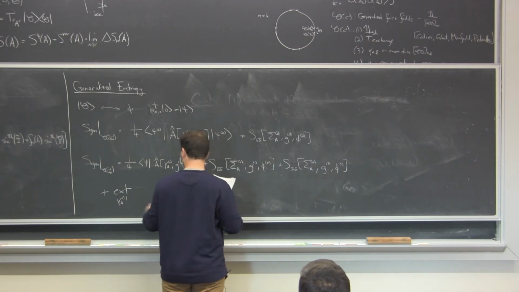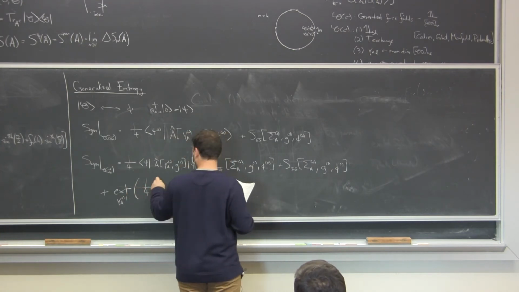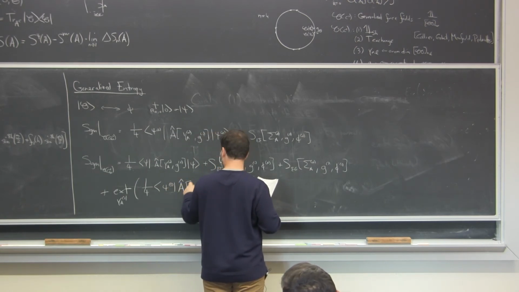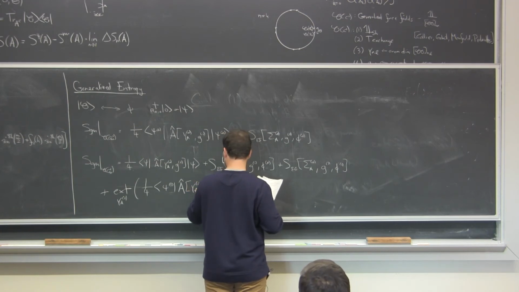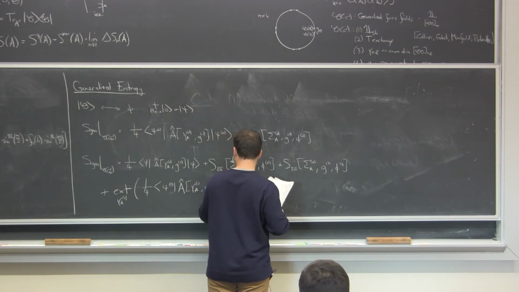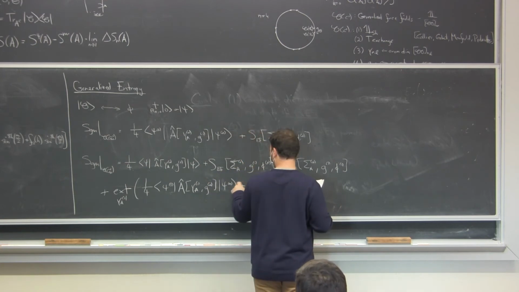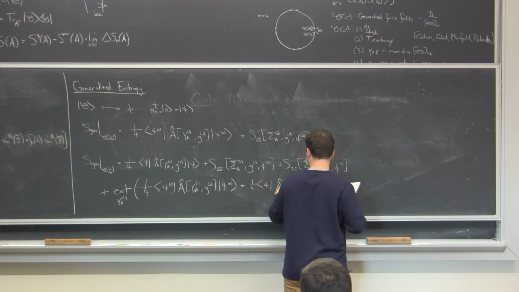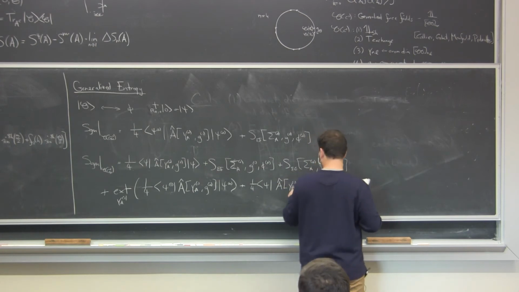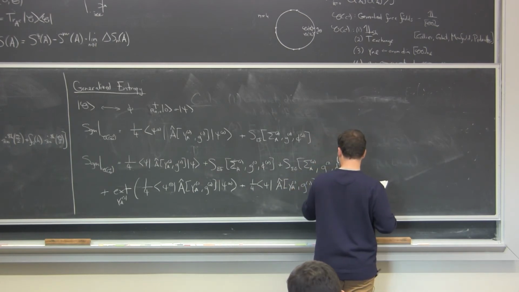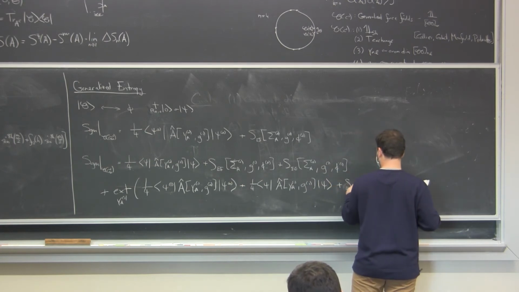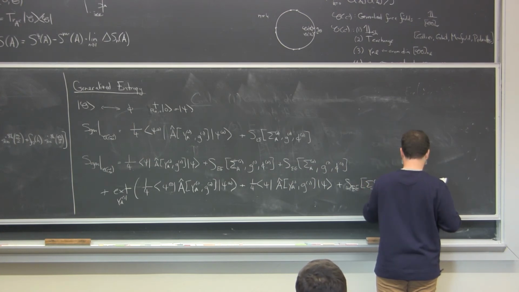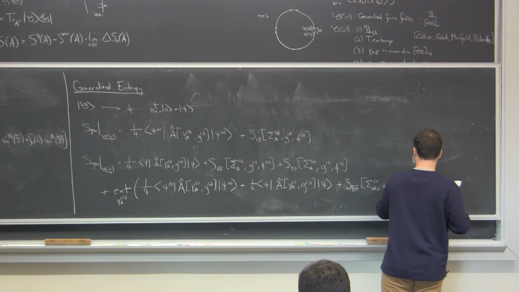So this is the quantum extremal surface piece. Okay, now let me explain all these different terms.